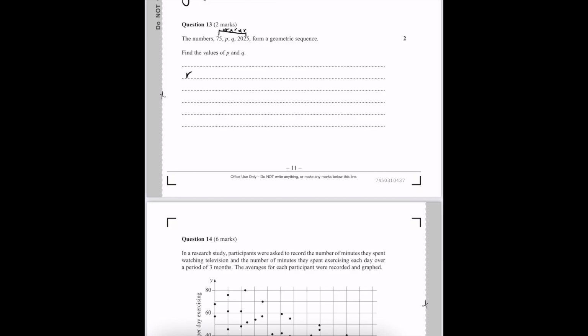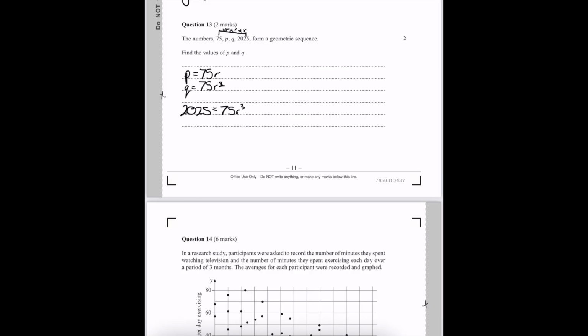So what we can say is P equals 75 times R, 75R. We can say Q equals 75R squared. And then we can say 2025 is equal to 75R cubed.